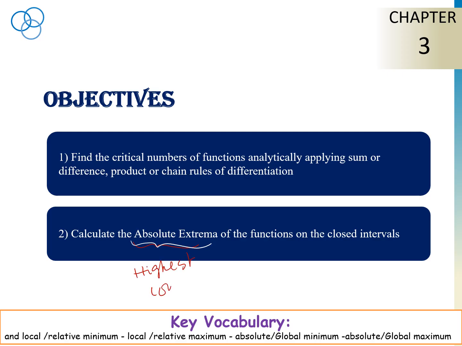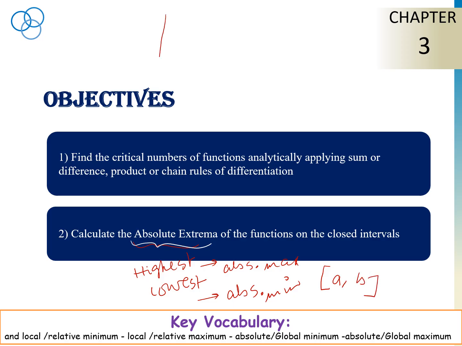The highest point of the graph is the absolute maximum you are finding, and the lowest point refers to the absolute minimum of the graph. But you can find the absolute maximum or minimum within the closed interval only.